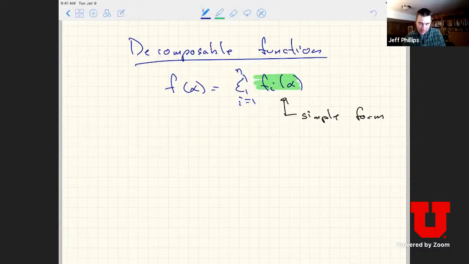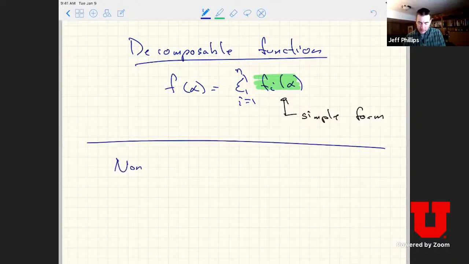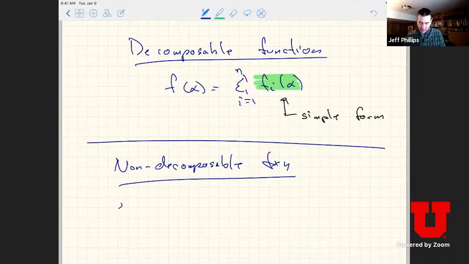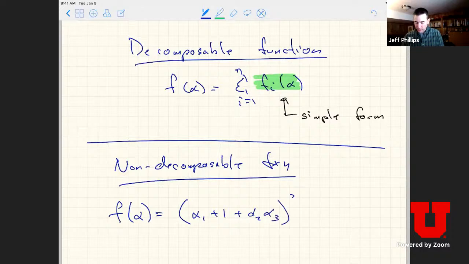An example of a non-decomposable function would be something like f of alpha equals, let's say, alpha 1 plus 1 plus alpha 2 times alpha 3 squared times alpha 1 minus alpha 2 times alpha 3 squared, right? So something like this.